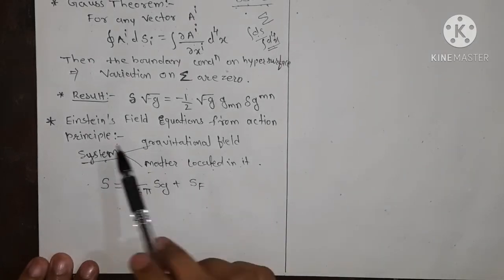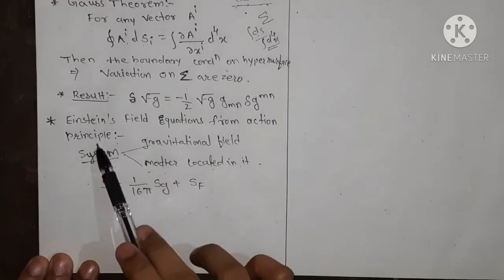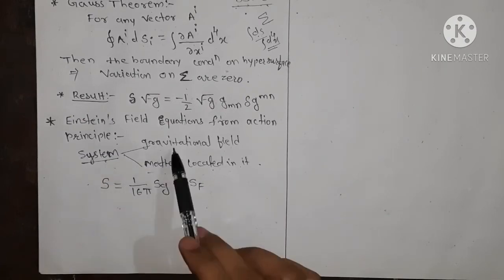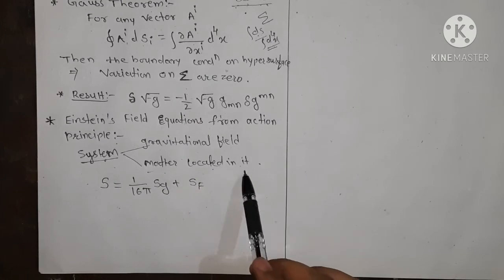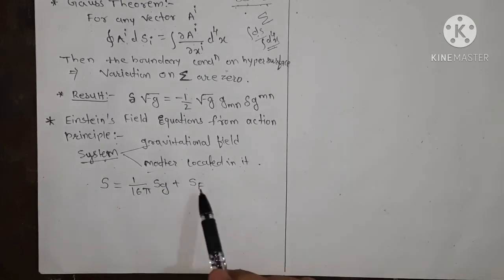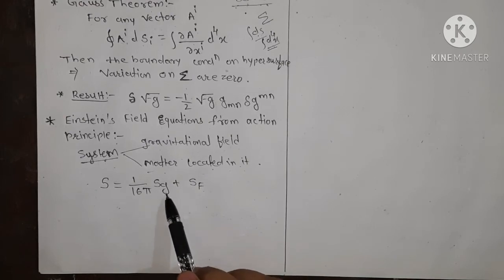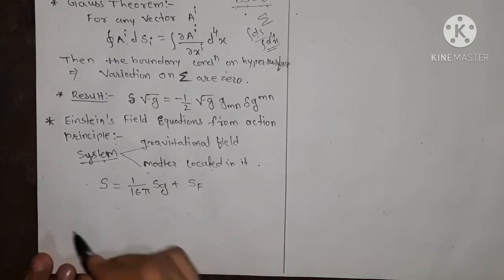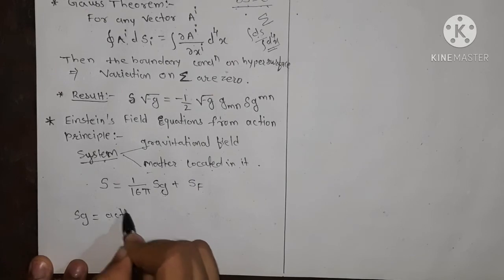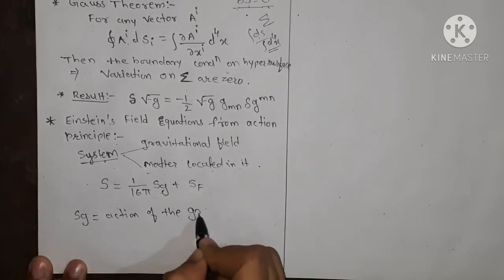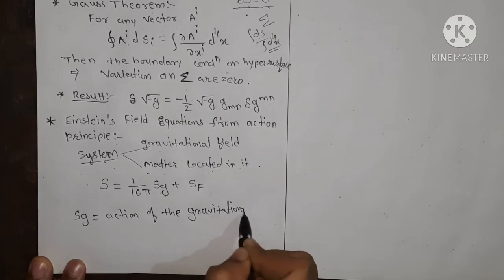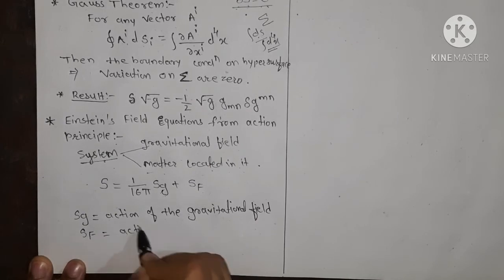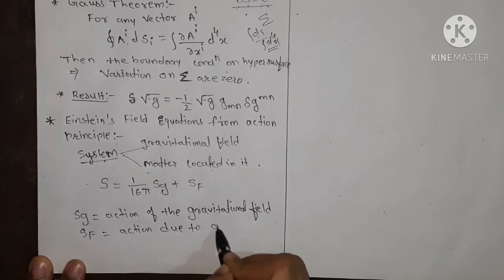So we have to derive the Einstein field equation from the action principle. We define firstly the system and the action on it, that is S. Since the system consists of the gravitational field and the matter located in it, we take the action S in two parts, Sg plus Sf, where Sg, as the notation implies, is the action due to the gravitational field, and Sf is the action due to all other fields.